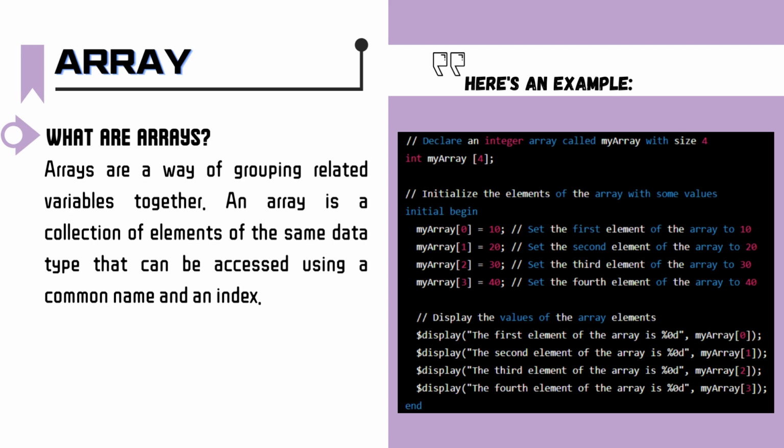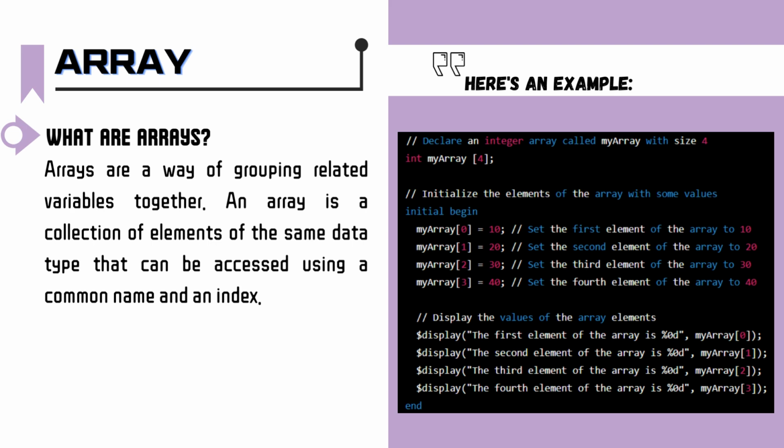We then use an initial block to initialize the elements of the array with the values 10, 20, 30, and 40. This means that myArray[0] is assigned the value 10, myArray[1] is assigned the value 20, myArray[2] is assigned the value 30, and myArray[3] is assigned the value 40.